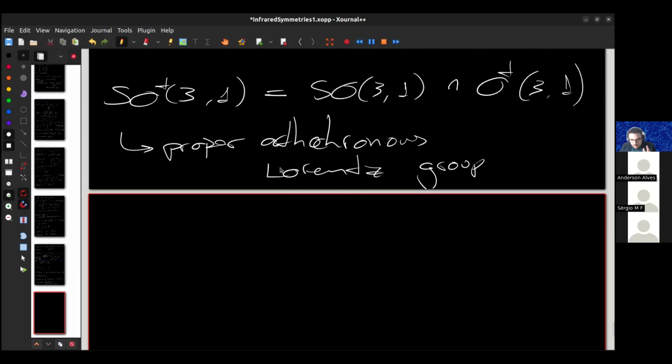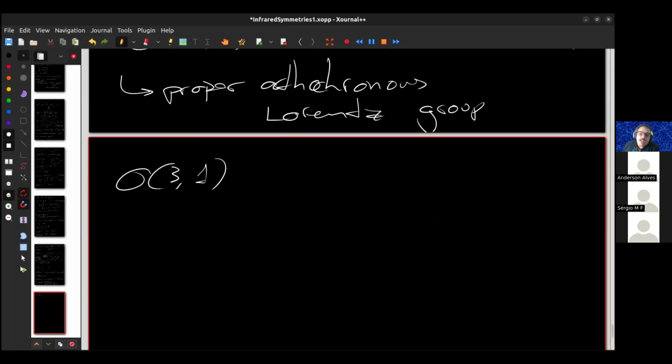There is another reason to consider this guy, which is that in nature, the space-time is actually invariant under the whole group, so O(3,1) is a symmetry of Minkowski space-time, but it is not a symmetry of particle physics. And the reason is that weak interactions actually violate parity, which is spatial reflections, and time reversal symmetries.